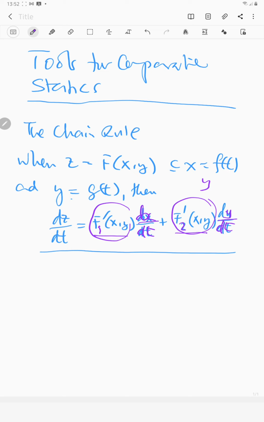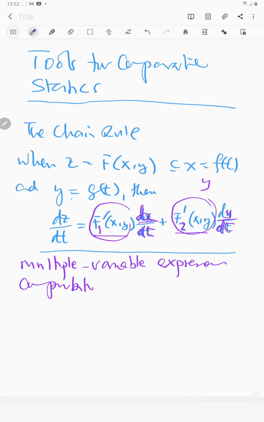I want us to understand the formula properly so that we can check how it goes. It is a multiple variable expression computation.